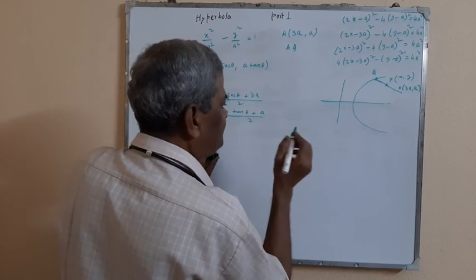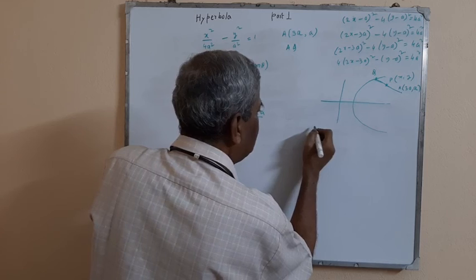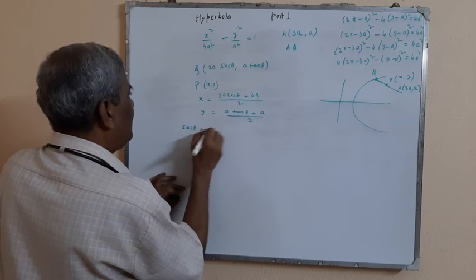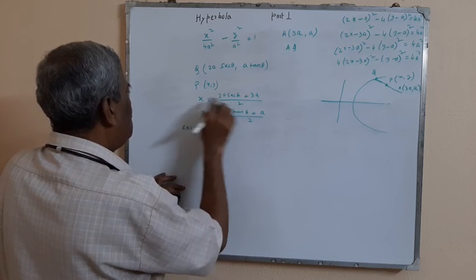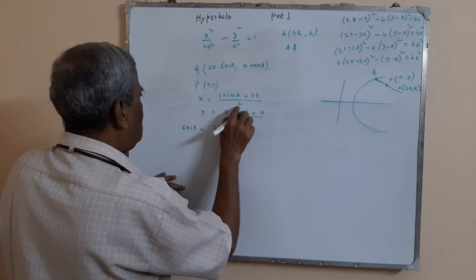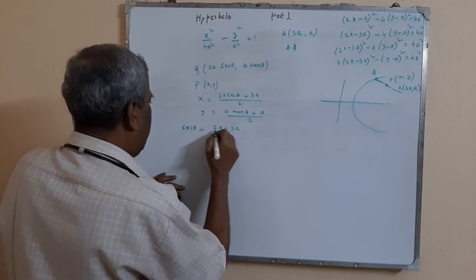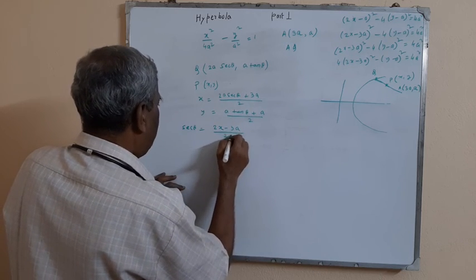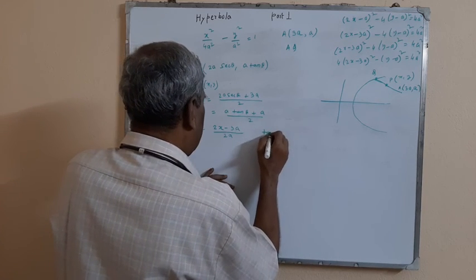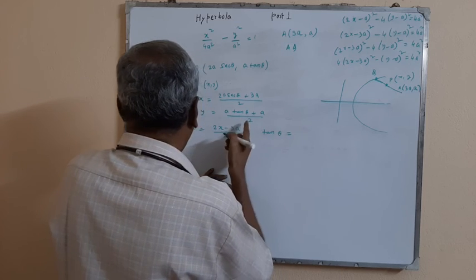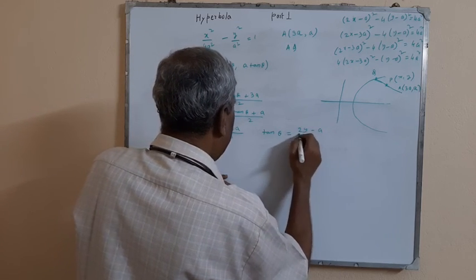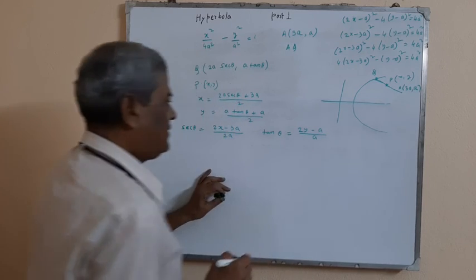From there, sec theta is equal to 2x minus 3a, that is, 2x minus 3a by 2a. And tan theta, from there, tan theta is equal to 2y minus a divided by a.